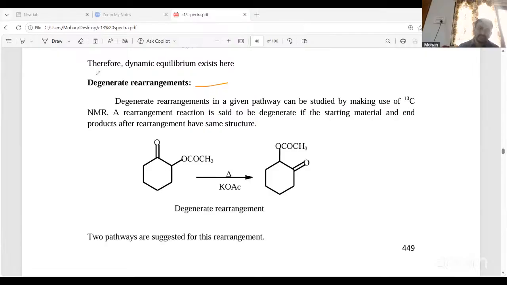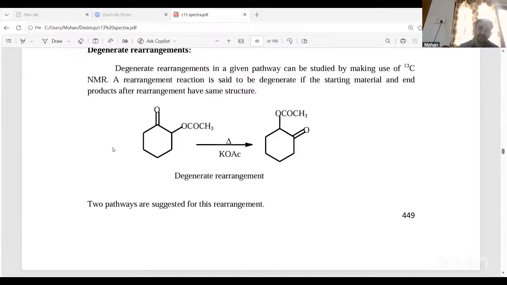So by this C13 spectra, you can predict whether the degenerate rearrangement is taking place or not, and if it is, by what mechanism, what pathway it is taking place here.